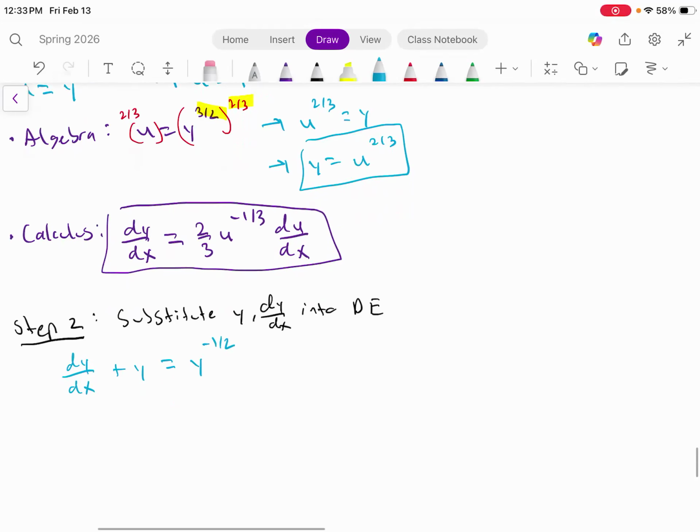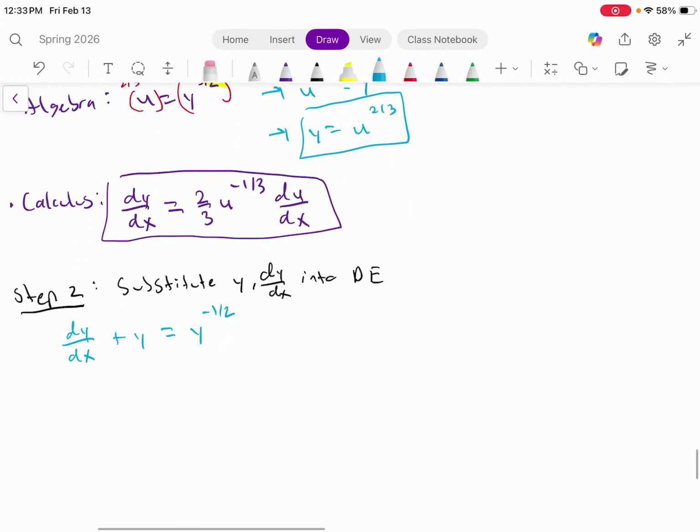So I'm going to start substituting in my y and my dy. So this would be 2/3 u to the -1/3 du over dx plus y, which is u to the 2/3, equals y to the -1/2. So this would be u to the 2/3 raised to the -1/2.